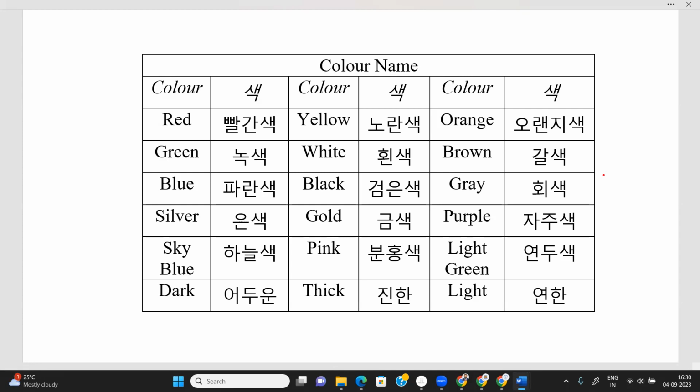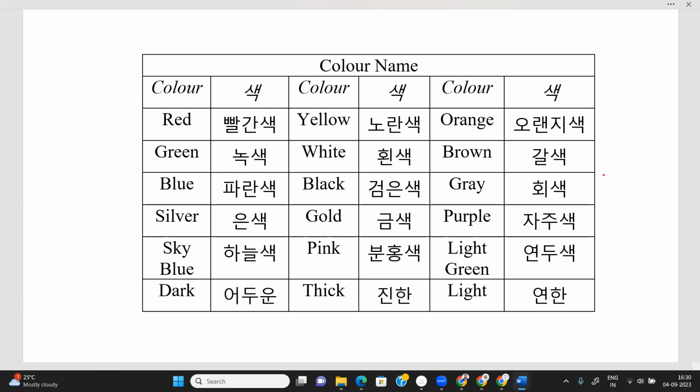Sky blue, 하늘색. Dark, 어두운. Yellow, 노란색. White, 흰색. Gray, 회색.